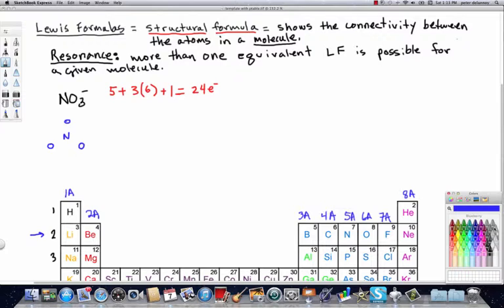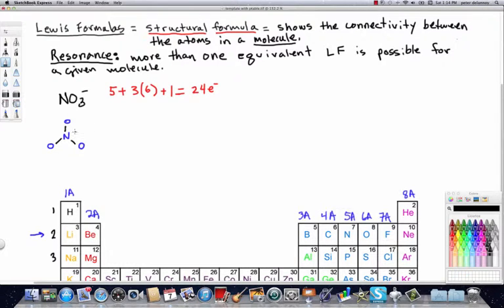Let's go through now and connect our atoms. We see that we've used a total of 6 electrons. We have several to go, and, you know what, I think I'll just go ahead and do this.